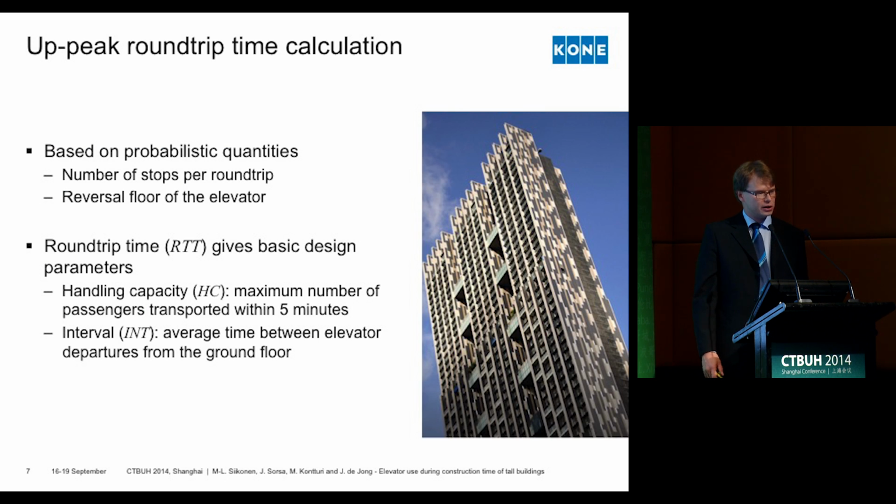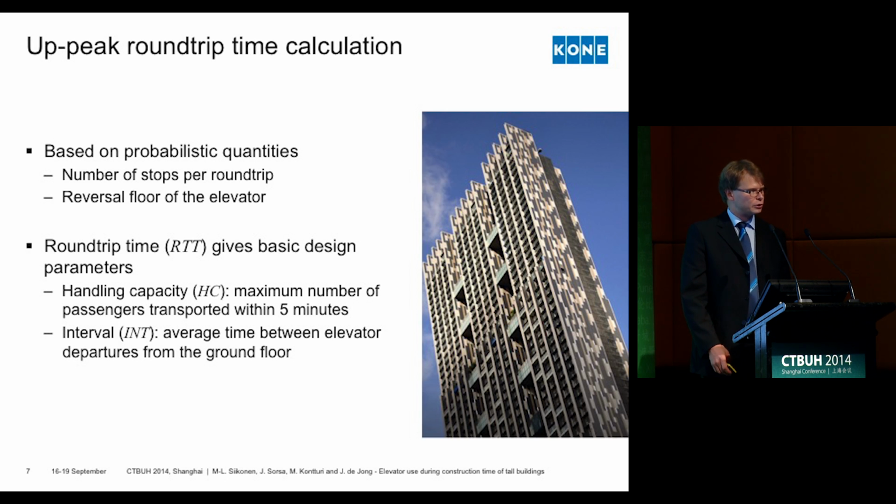So the model is based on up-peak round-trip time calculation, which is based on probabilistic quantities. The round-trip time also takes into account elevator dynamics, like speed, acceleration, and door times.